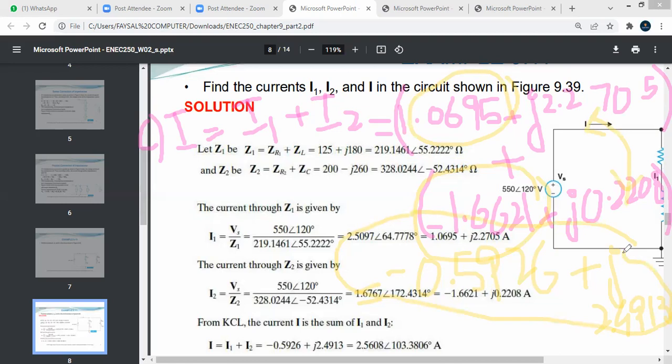So this is the complete part to find the value of I, that is equal to I1 plus I2.